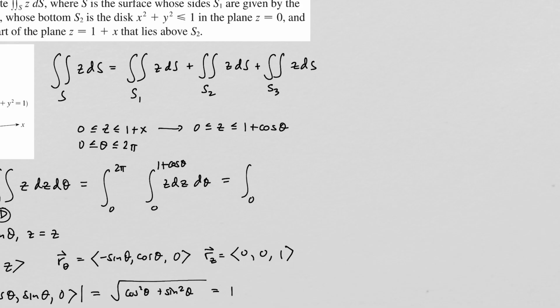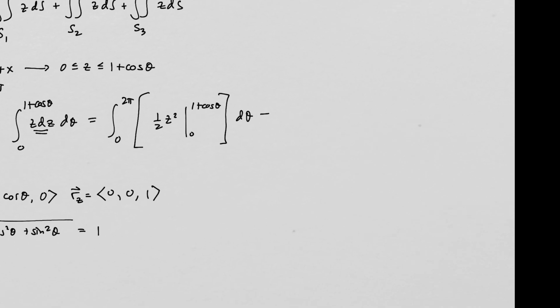So we have the integral from 0 to 2 pi of the integral of z with respect to z, which is 1/2 z squared. And that goes from 0 to 1 plus cosine of theta. And then d theta. So let's go ahead and evaluate this. We're going to have the integral from 0 to 2 pi, 1/2 (1 plus cosine of theta) squared. And of course, when you plug in 0, you get nothing, and then d theta.